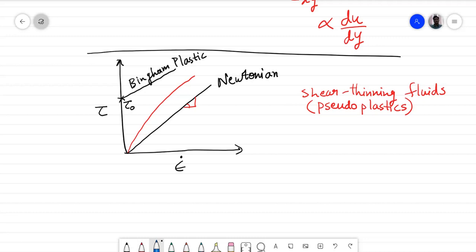There can be fluids whose viscosity increases with strain rate or stress. They look like this. They are known as dilatant fluids or shear thickening fluids.